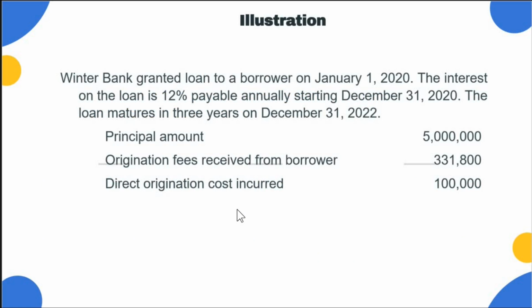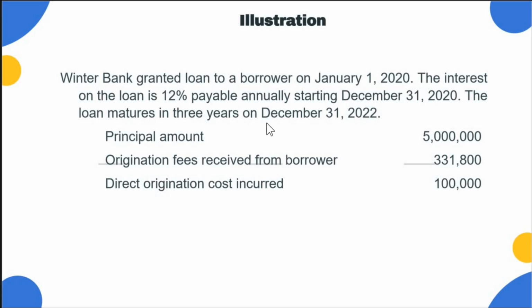To illustrate the concepts we discussed, let us have this problem. Winter Bank granted a loan to a borrower on January 1, 2020. The interest on the loan is 12% payable annually starting December 31, 2020.